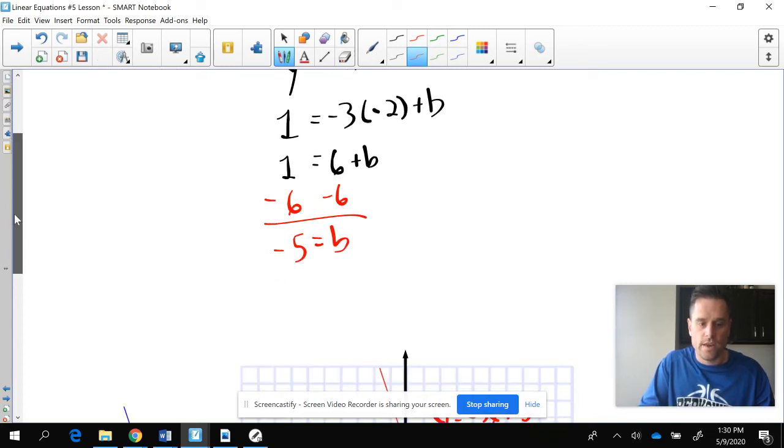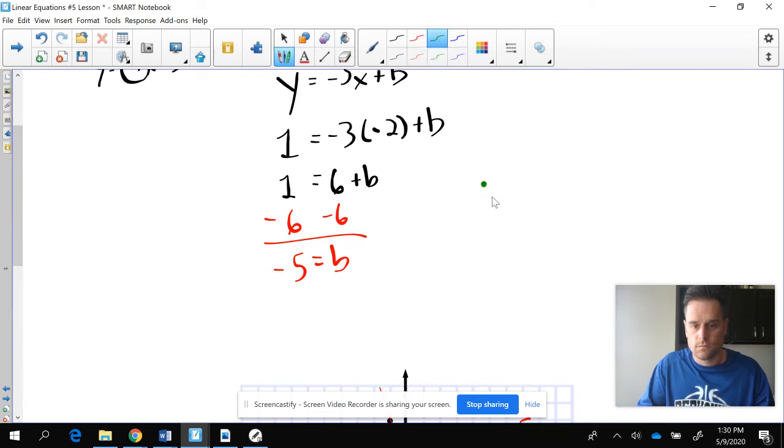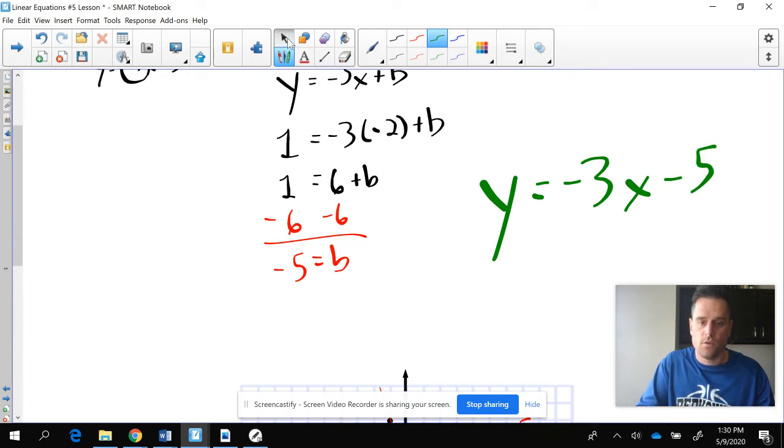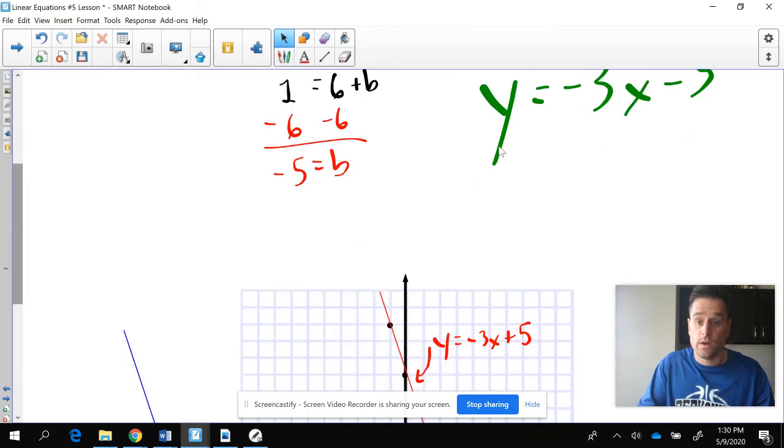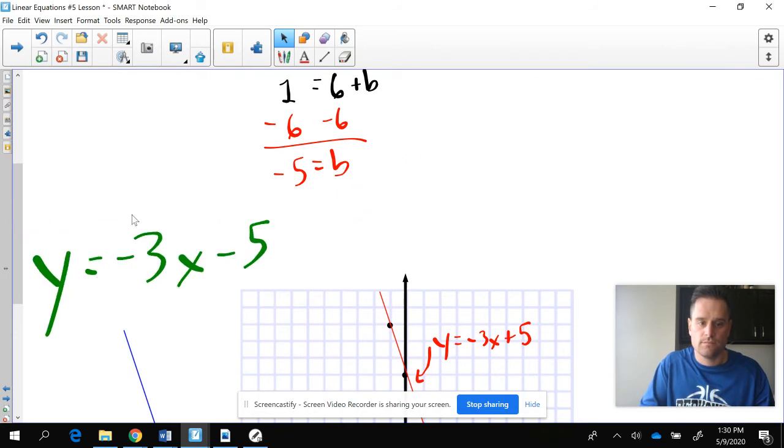And so we have y equals, we know the slope is -3x minus 5 is going to be your equation. This is the answer. This is what we're looking for, people.